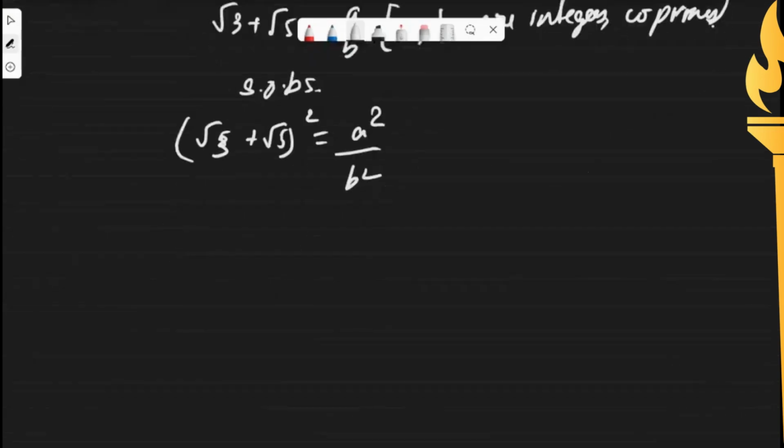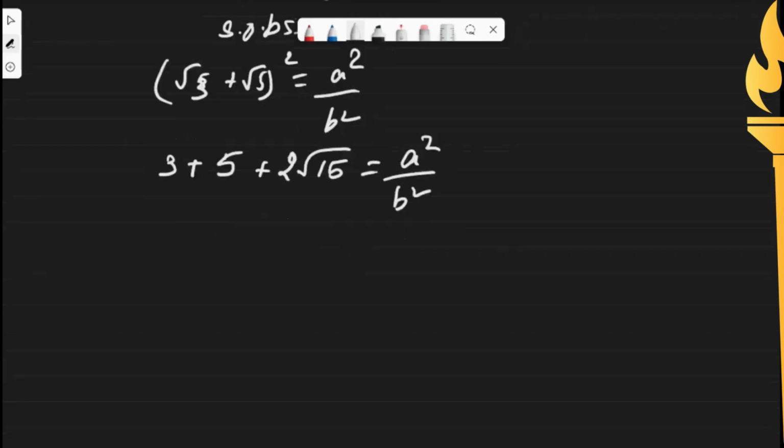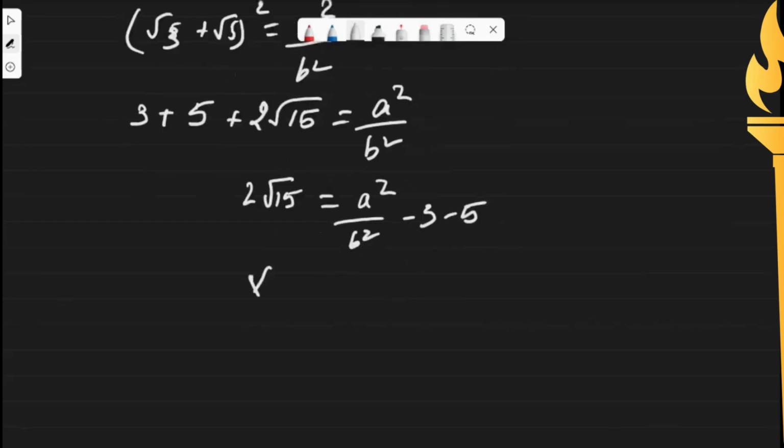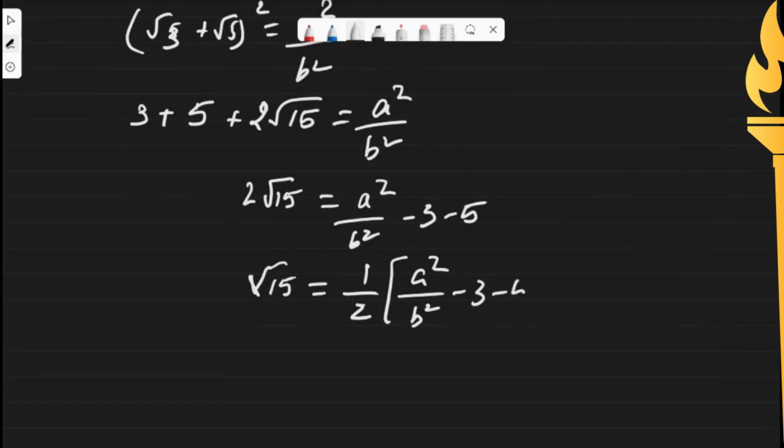Next, we expand: we'll get 3 plus 5 plus 2 root 15 is equal to a square by b square. So 2 root 15 will be equal to a square by b square minus 3 minus 5. Root 15 will be equal to 1 by 2 into a square by b square minus 3 minus 5.